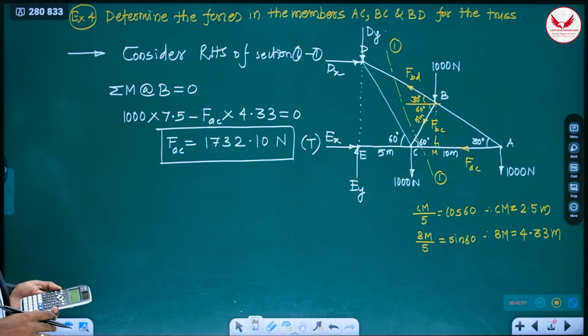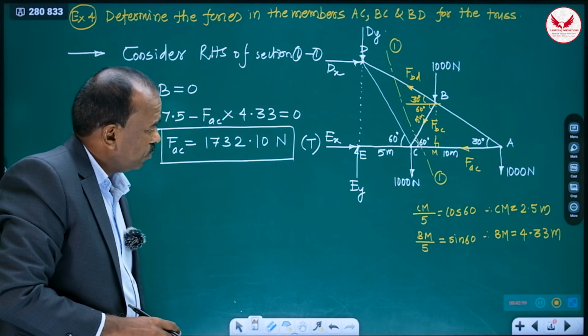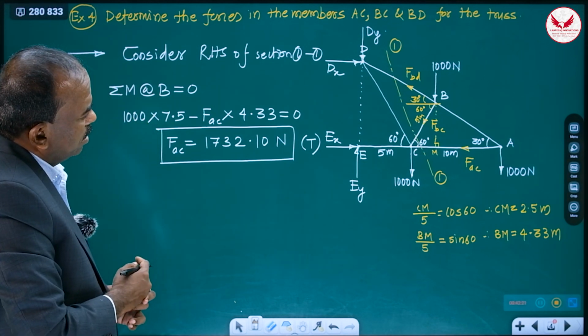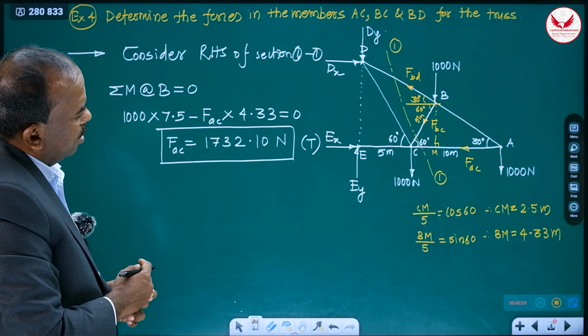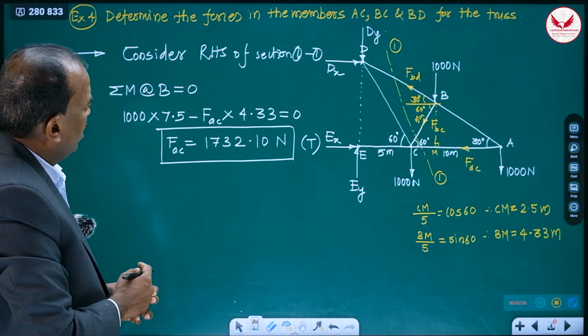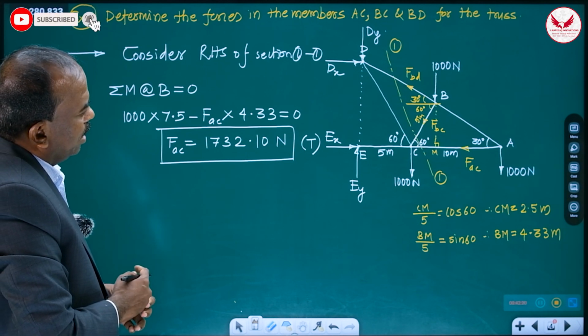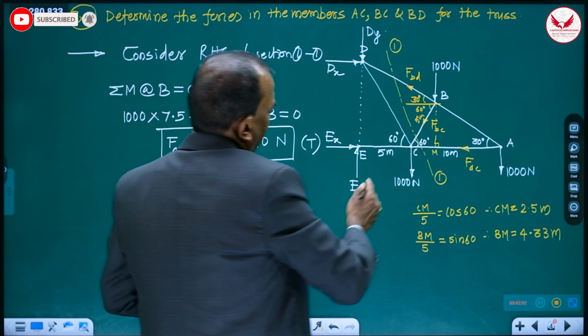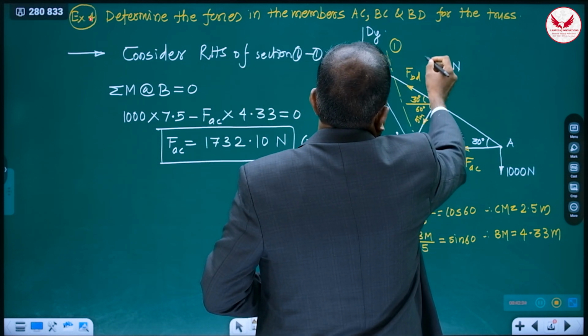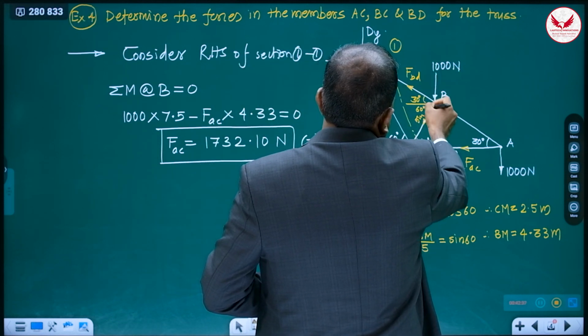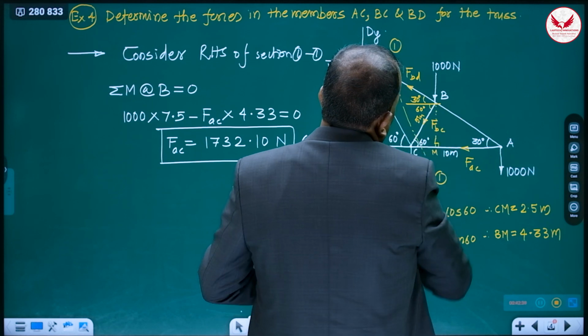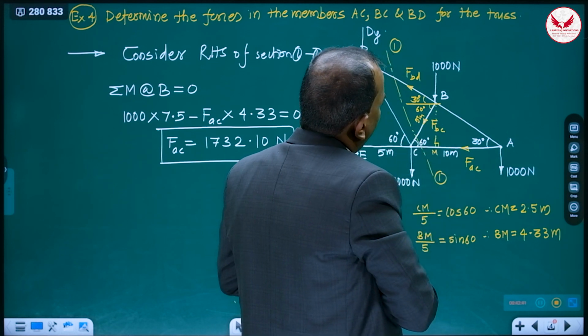One answer we got. Now, how to get the other two answers? For getting the other two answers, we have to use summation Fx, summation Fy. If we use summation Fx and Fy, it will be vertical, means it is also inclined, means both the members will be there.